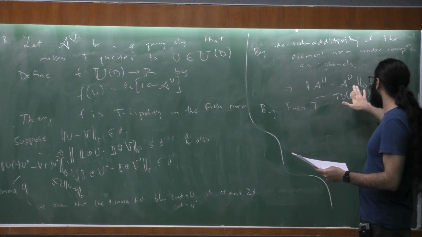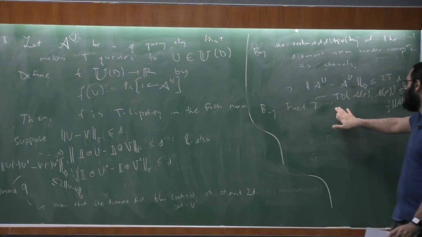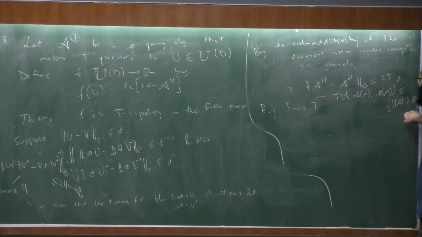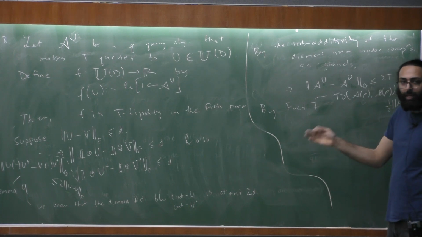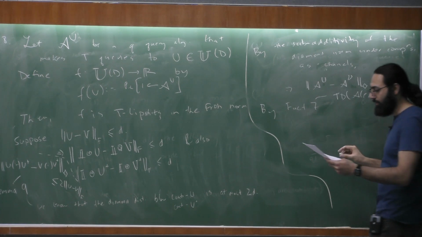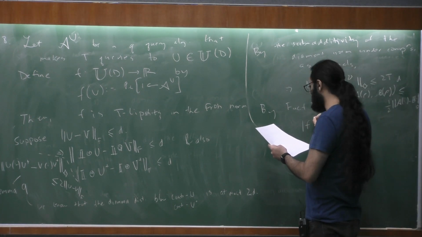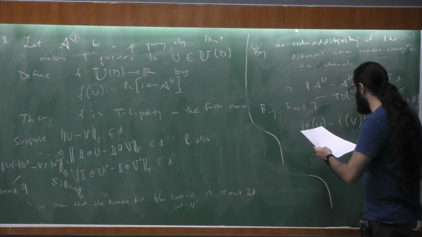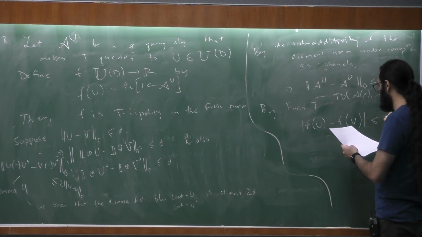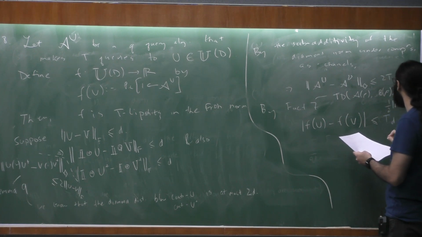And then, okay, so we already have a bound on the diamond distance. Fact 7 relates the trace distance to the diamond distance, and the trace distance is essentially this object, right? Because it's just making a measurement and seeing whether you get one or not. So by using that, we have that f of U minus f of V is at most t times t.